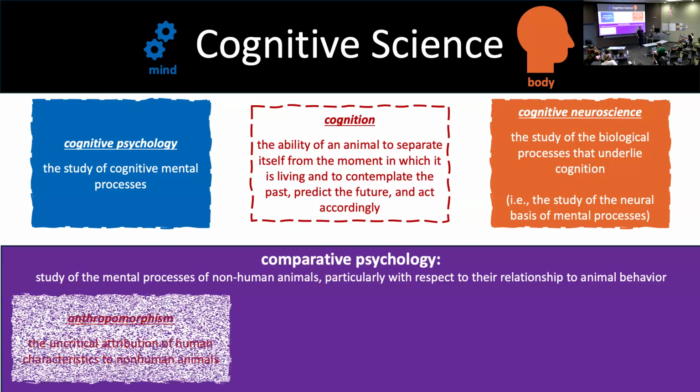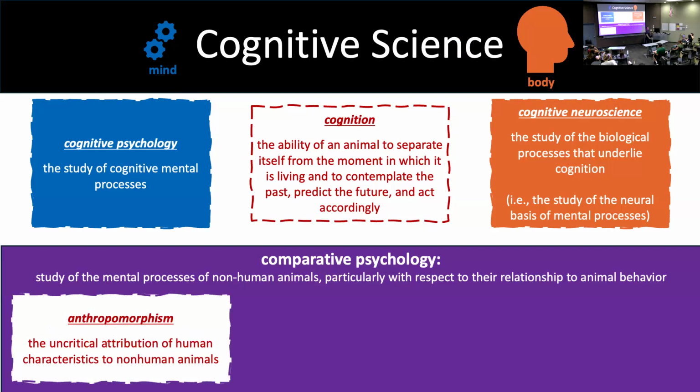But there are costs, there are risks. And the big worry, and this was a worry back when von Uexküll was talking about drive theory, is anthropomorphism. Anthropomorphism is the uncritical attribution of human characteristics to non-human animals. I see an animal do something, I think about how I might do that thing, I then assume that the animal is doing it the way I think I'm doing it in my head.